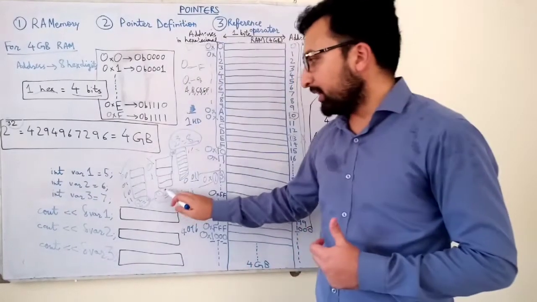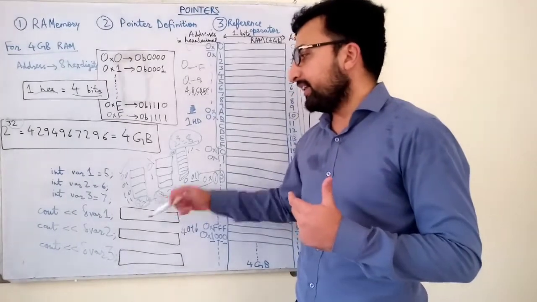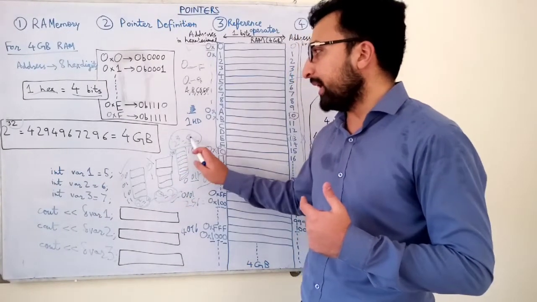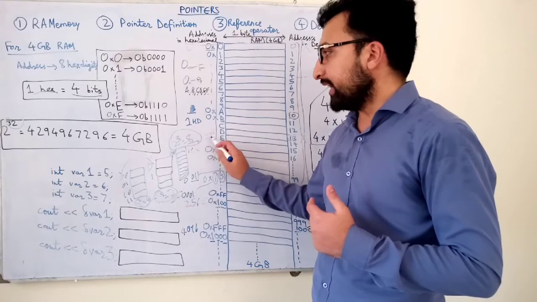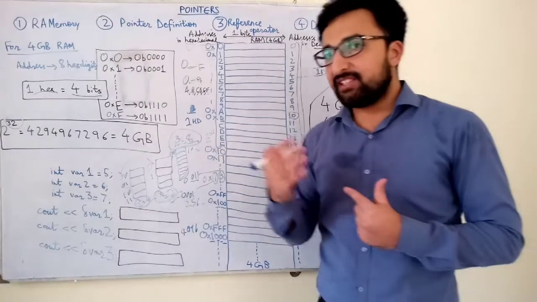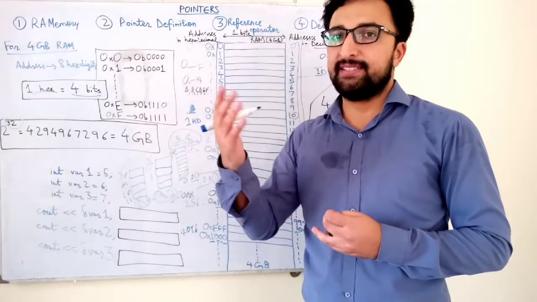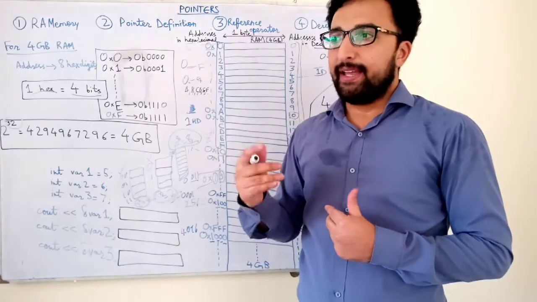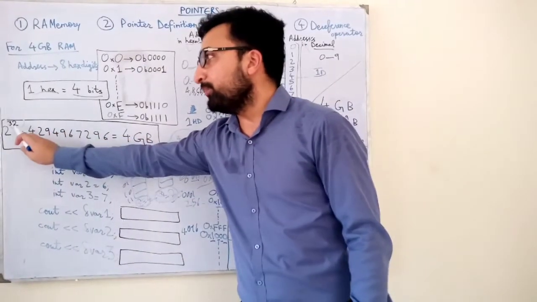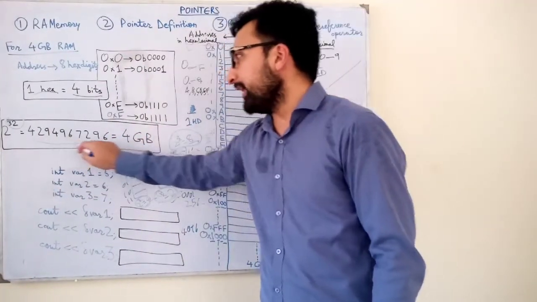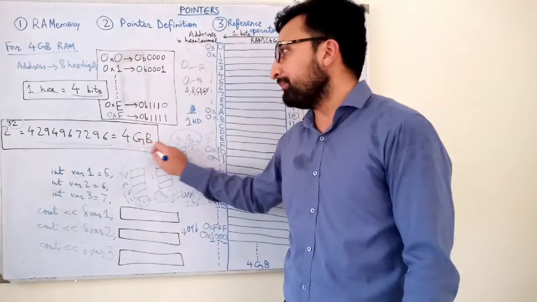If we raise this number, for example, 1 bit can access 2 bytes of RAM distinctively, 2 bits can access 4 bytes of RAM, 3 bits, 8 bytes, basically 4 bits, sorry, 4 bits can access 16 bytes of RAM, 5 bits can access 32 bytes of RAM, 6 bits can access 64 bytes of RAM, and if we move on like this in powers of 2 and we get to 2 raised to the power 32, it becomes equal to this number, and it means that with 32 bits we can access 4 GB RAM, every single byte distinctively.